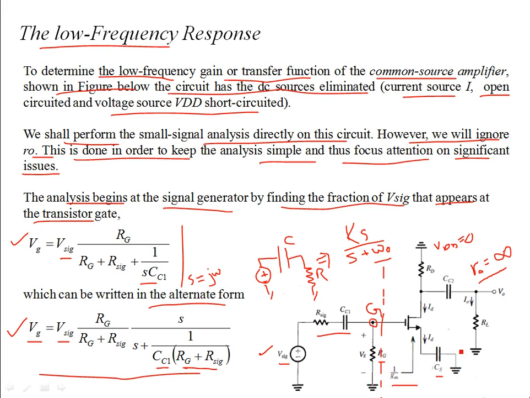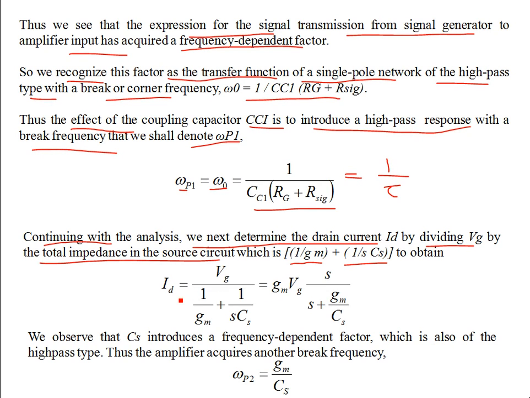So 1 over Gm plus 1 over SCs gives the impedance at the source terminal. Vg divided by the impedance at the source gives the current ID in the source branch, so ID is Vg over the linear combination of the source resistance 1 over Gm and the bypass capacitive reactance.